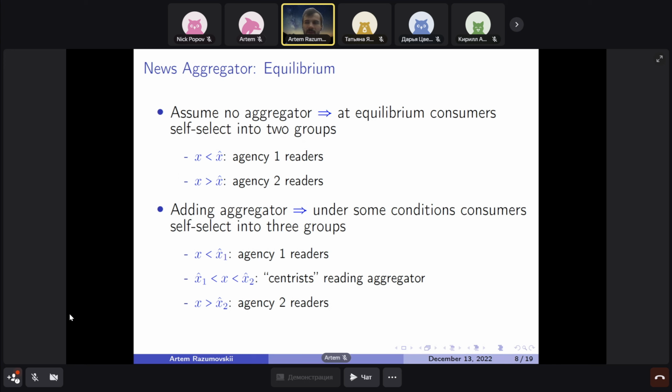A bit tricky question, maybe not really: before, you have x hat, just one indifferent agent. What can you say about the relationship of x hat, x1 hat and x2 hat?